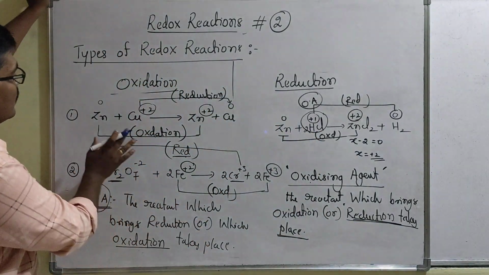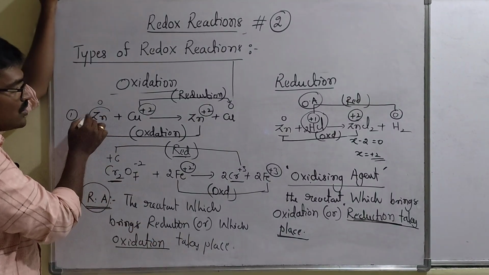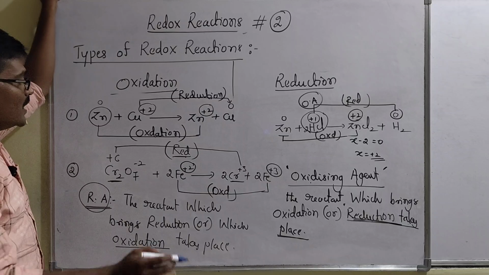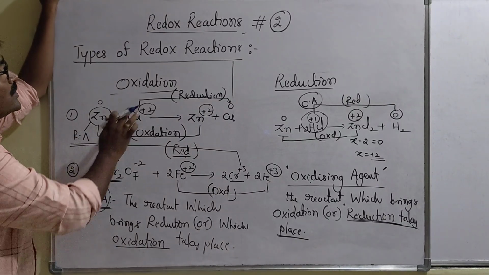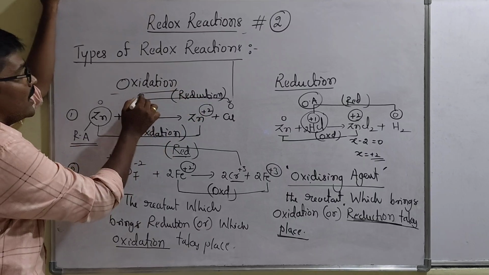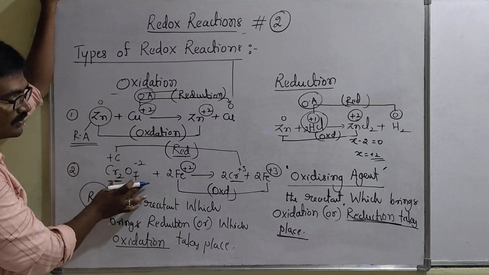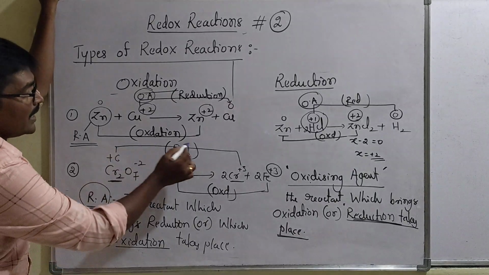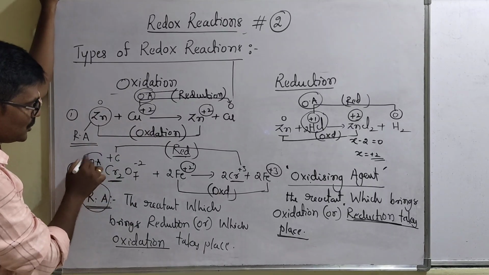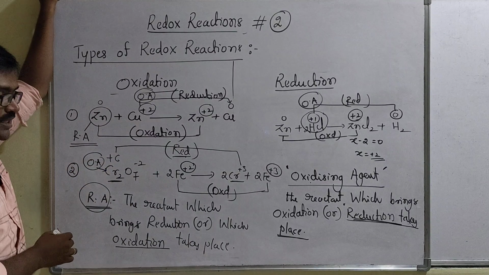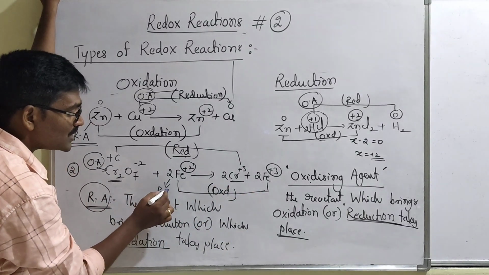For example, in this equation, observe it carefully. Sir, where oxidation takes place? This is where oxidation takes place. That is reducing agent, my dear students. Then which is reduction takes place? That is oxidizing agent. Then if you come to this reaction, where reduction takes place, that is oxidizing agent. Where oxidation takes place, that is reducing agent.